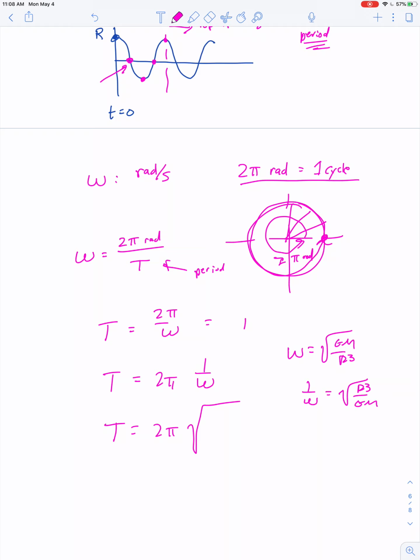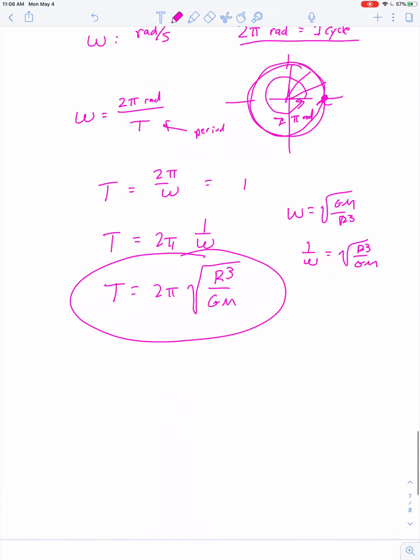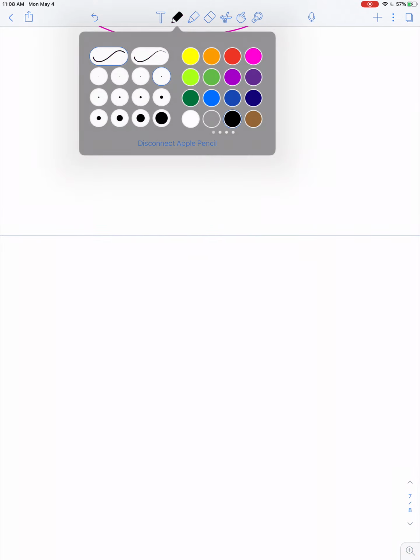So T is 2 pi times the square root of r cubed over gm. Do you see anything interesting here? I hope you see it. This is the exact same equation for the period of a treetop orbit. This is fascinating.